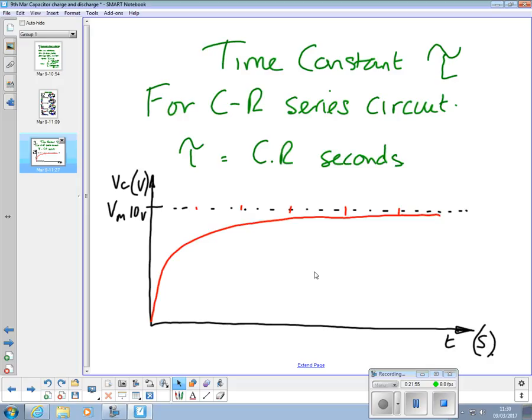And I'll tell you now, it's really important that you get this theory, because you could get questioned on the theory and the description of this time constant thing in the examination.